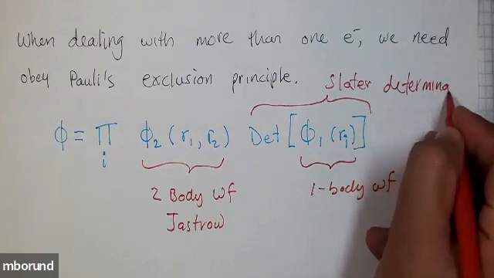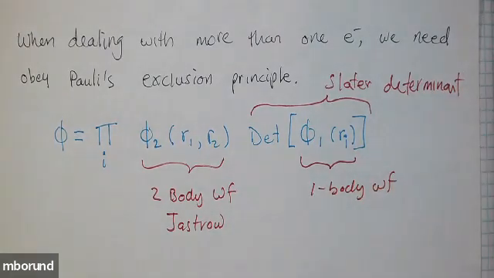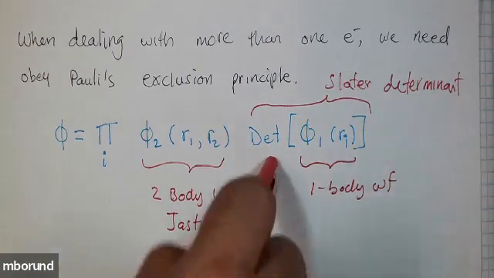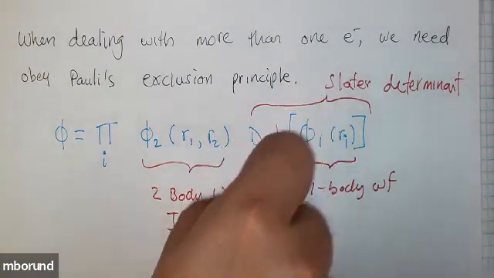Why do we use the determinant here? Because you have to obey the Pauli principle. If you have two electrons, your wave function is very complicated because electrons are fermions.